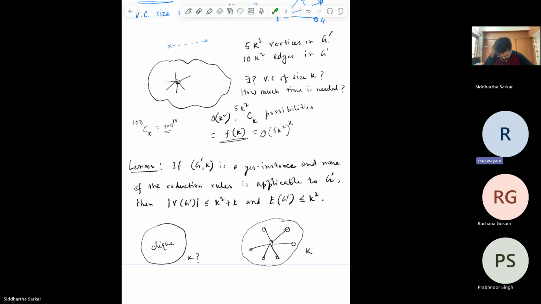Even if we apply rule number two, we are not going to reduce the number of the vertices or the degrees of the vertices by any amount. We are not going to generate more vertices of degree one. By applying rule number two, we are just saying that that vertex will become part of the vertex cover, and the degree of all the vertices would remain unchanged.